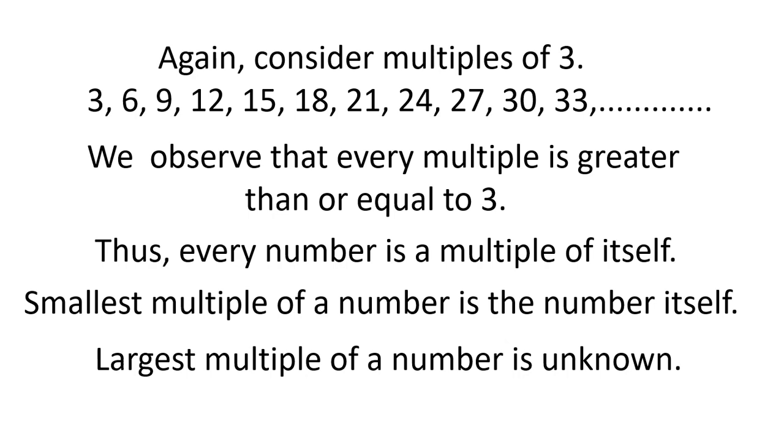So any number is its own factor and any number is its own multiple. The smallest multiple of a number is the number itself and the largest multiple of a number is unknown. The largest factor of a number is the number itself, but the largest multiple of a number is unknown.